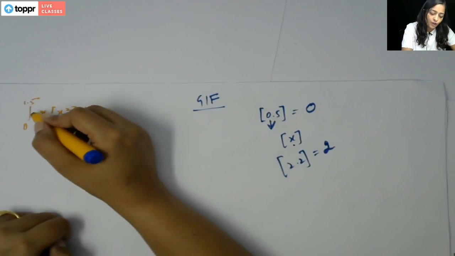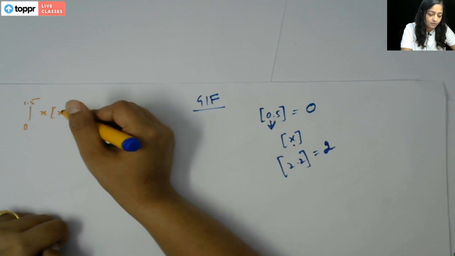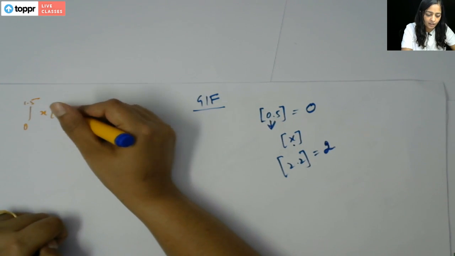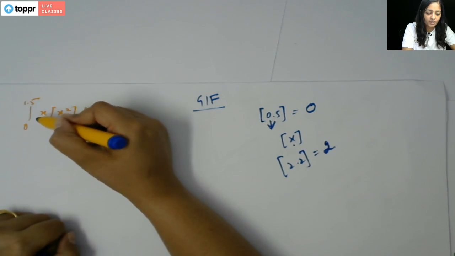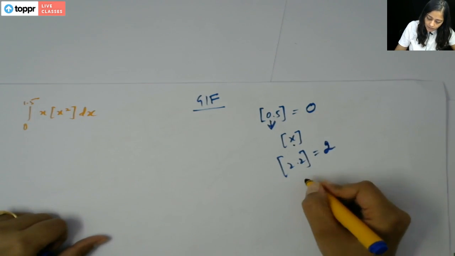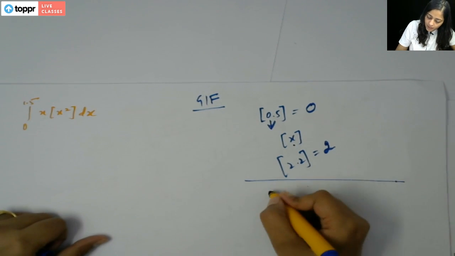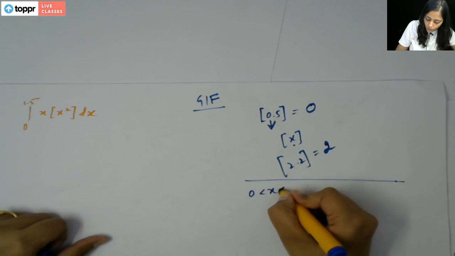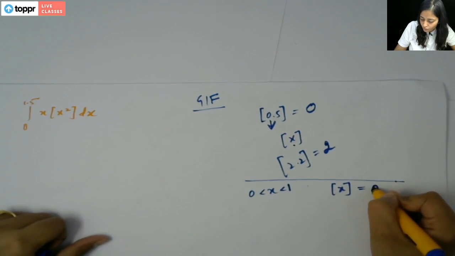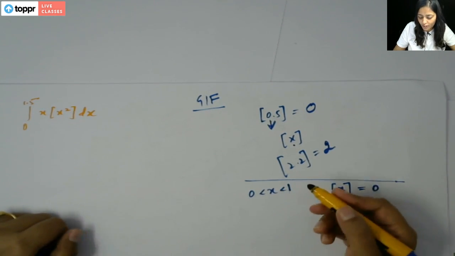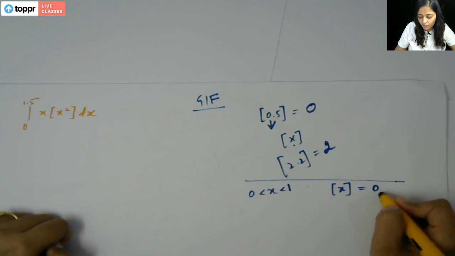Right. So for evaluating this integral, we should know that at different places from 0 to 1.5 this function will take different values. Let's say if x lies between 0 to 1, then the greatest integer function of x would be 0. Like for 0.7, 0.8, for every value it's 0.